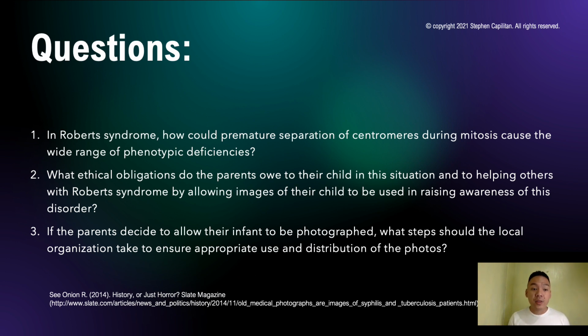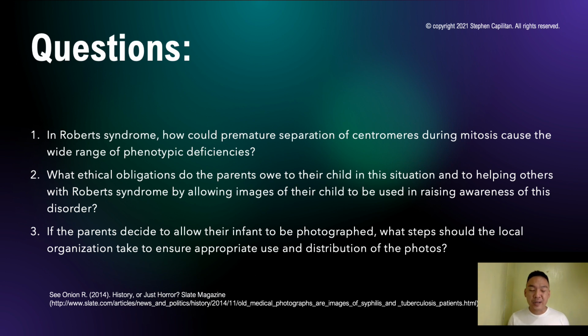Second, what ethical obligations do the parents owe their child in this situation, and to helping others with Roberts syndrome by allowing images of their child to be used in raising awareness for this disorder? And lastly, if the parents decide to allow their infant to be photographed, what steps should a local organization take to ensure the appropriate use and distribution of photos?